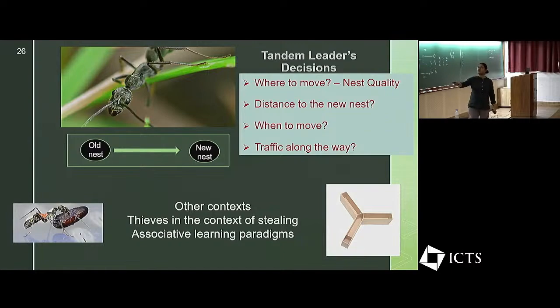So we could look at it as another context. And of course, the associative learning paradigms using this Y maze, where one of the arms can give you a reward and another does not, then this becomes another decision point, and we can understand how ants can solve these challenges that we threw at them. All right.